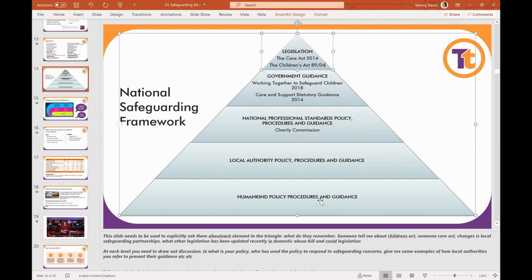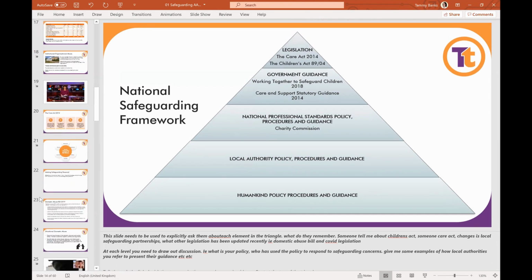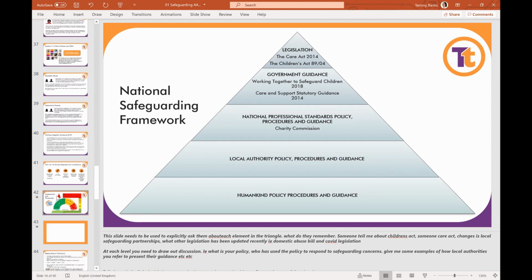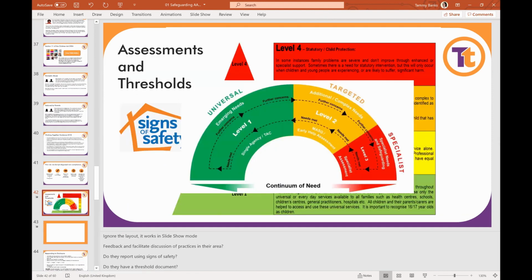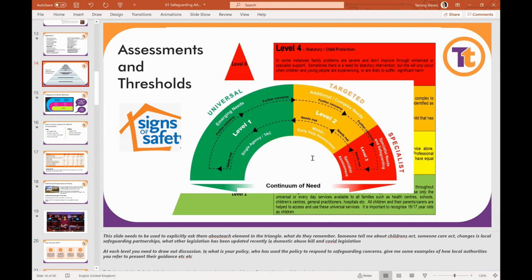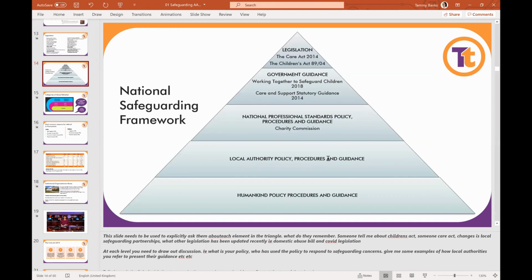I'd probably as well maybe have a screenshot of the Humankind Policy, Procedures and Guidance to bring up as well. I'd probably have this slide to pull up when you're asking people to talk about their local authority policies, procedures and guidance.